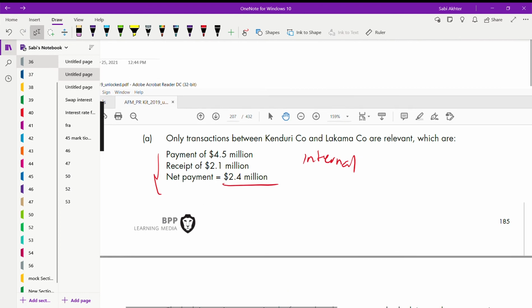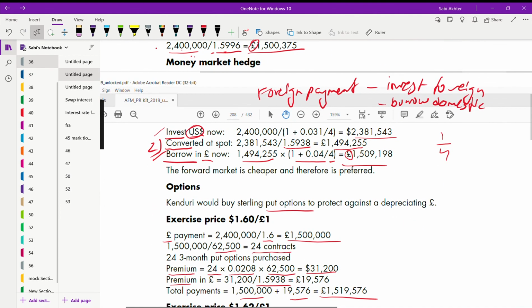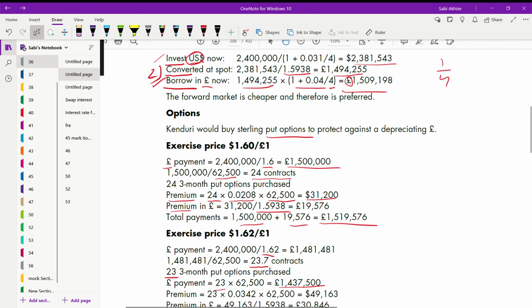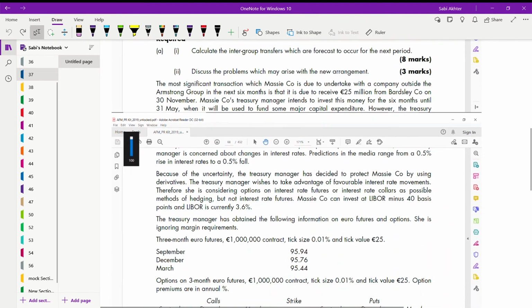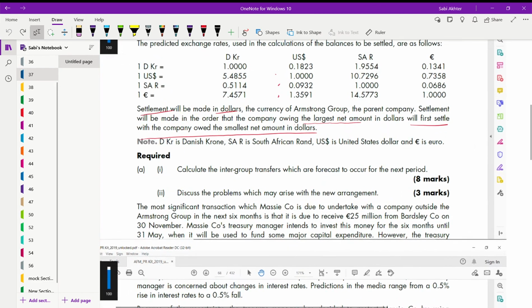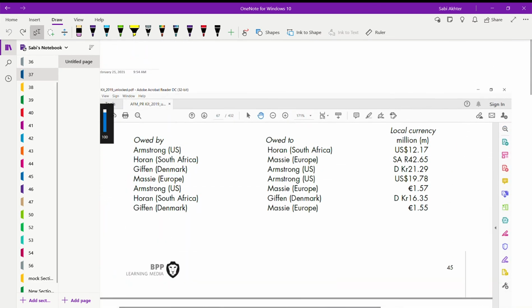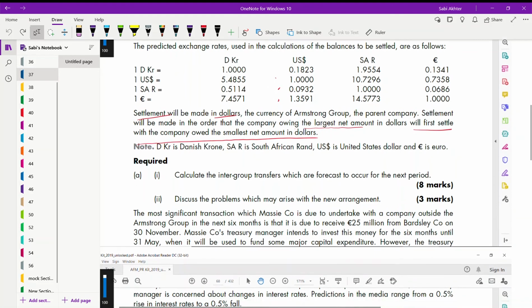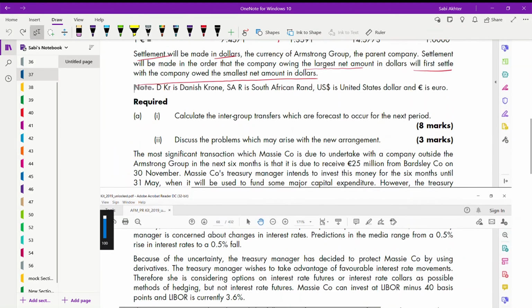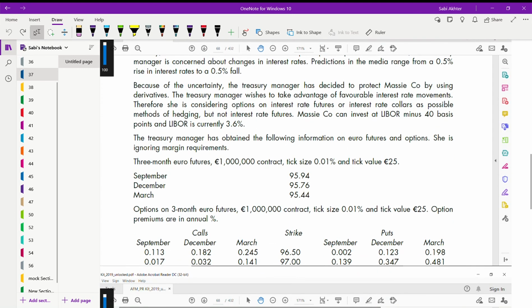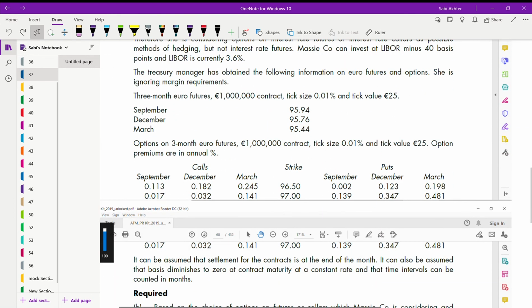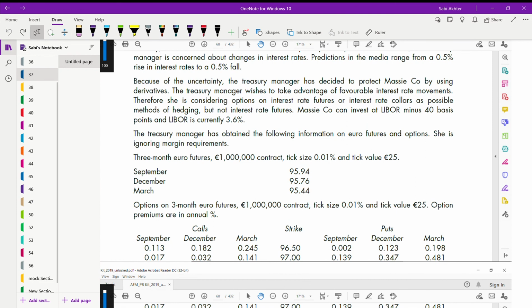You can zoom it out and see from here. These are your multilateral netting and so on, which I'm not going to cover here. If you see in interest rate, one thing is common. You have been given futures.